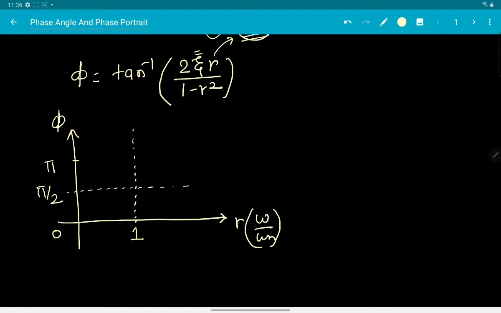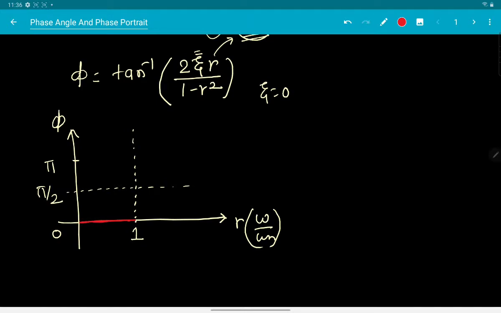Let's first of all see the condition which we already have had a look at, that is xi equal to 0, which means that the system is undamped. In that case, how exactly is phi changing? So phi starts from here at 0, and it is 0 till the time r comes out to be equal to 1, that is omega is smaller than or equal to omega n.